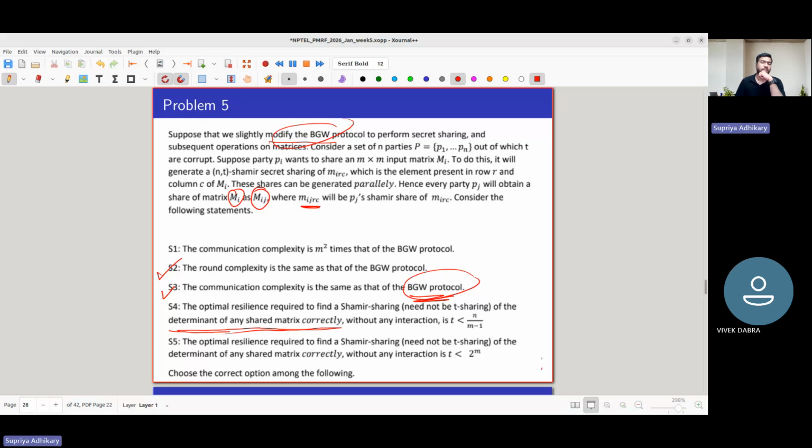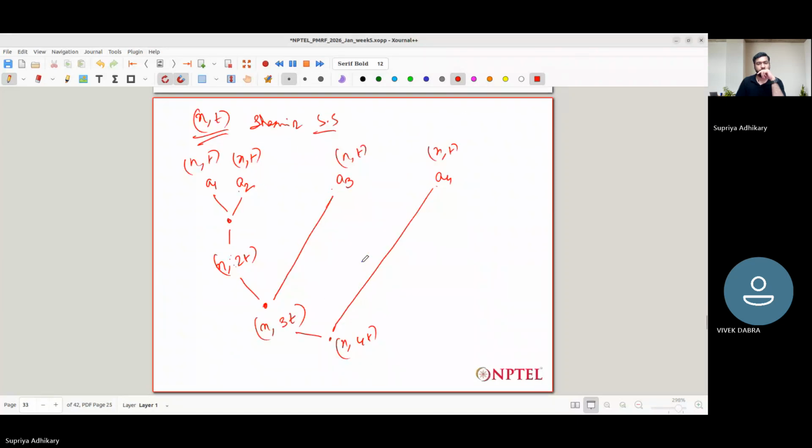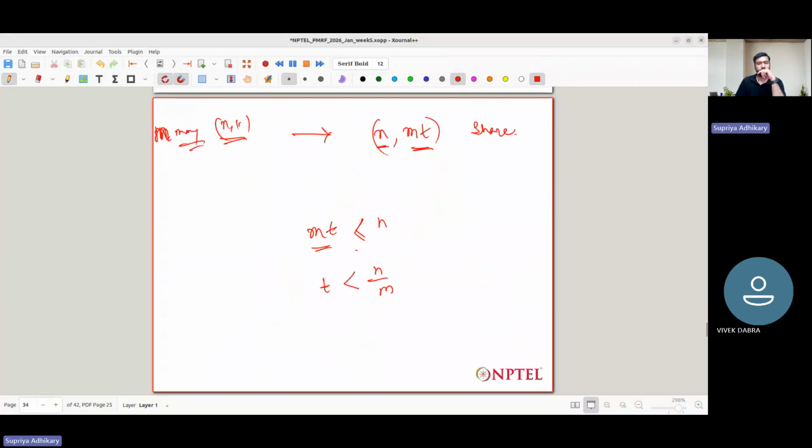So t has to be less than or equal to, so mt has to be less than or equal to, and then t equals this.